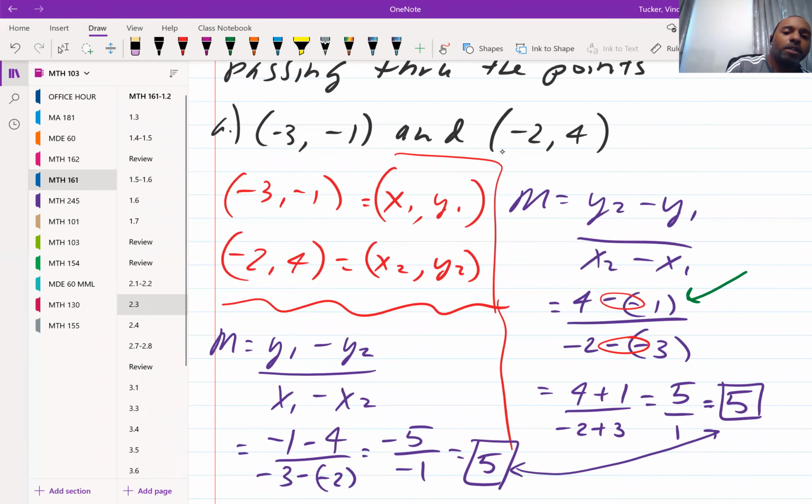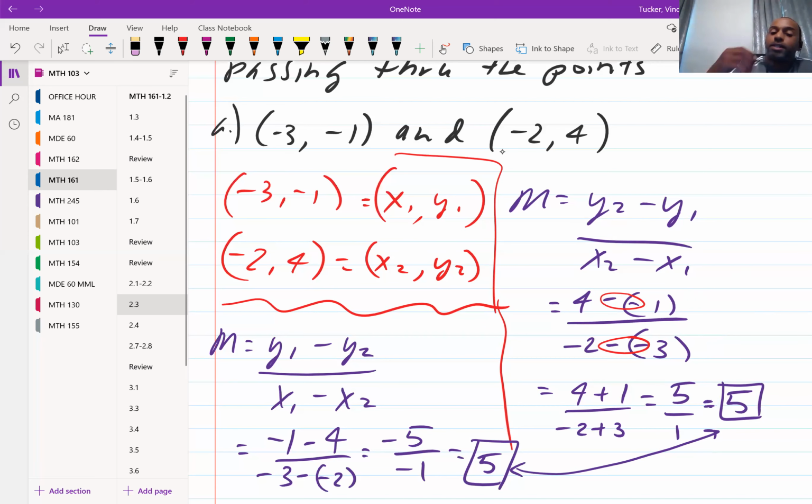And then x2 minus x1, that's what we did here, -2 minus -3. Negative to a negative in both cases turns positive. So that's 4 plus 1, -2 plus 3 down bottom. And that gives me 5 over 1, which is just 5. Thank you. Yep, not a problem.